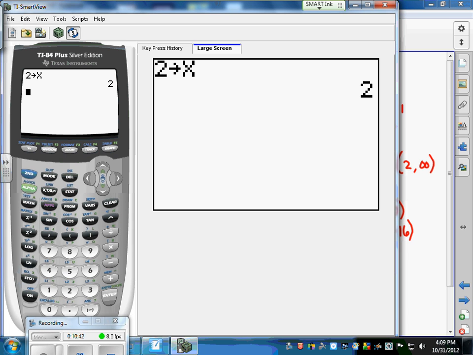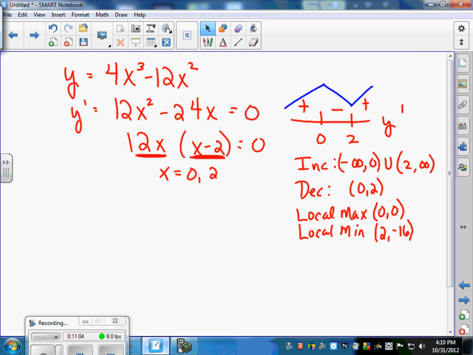And now I can just type in the function, 4x cubed minus 12x squared. That is especially helpful when you're using negative numbers and having exponents. You don't have to worry about all those parentheses that you'd have to use. So negative 16 should be my y value. So my local min is at (2, -16).